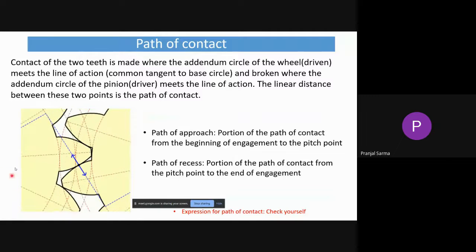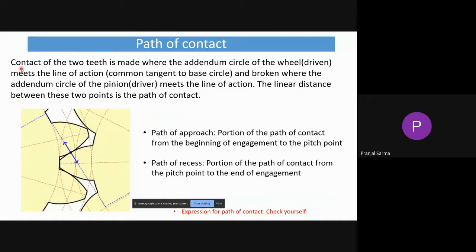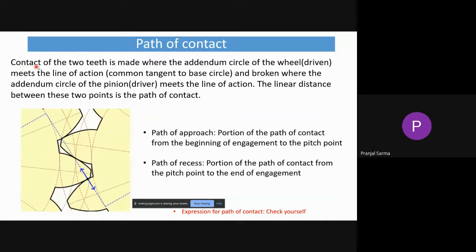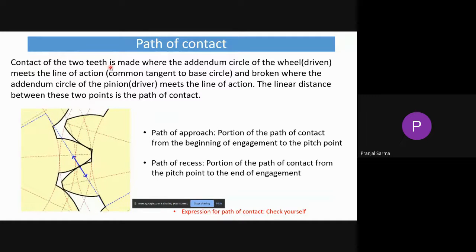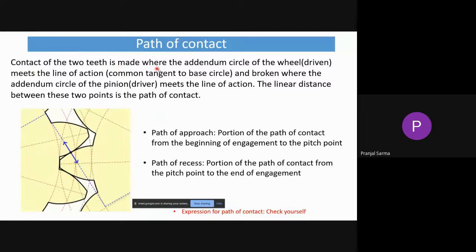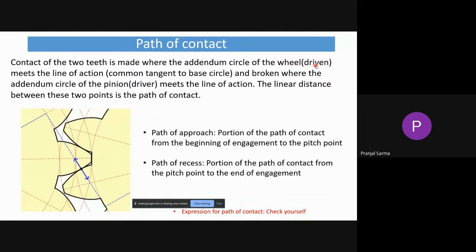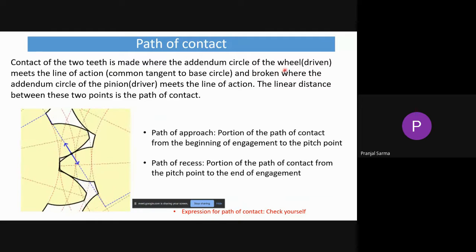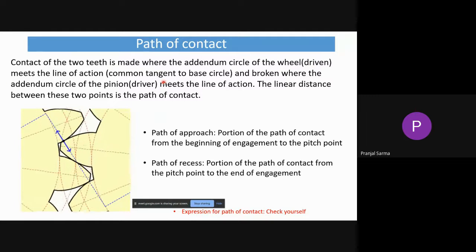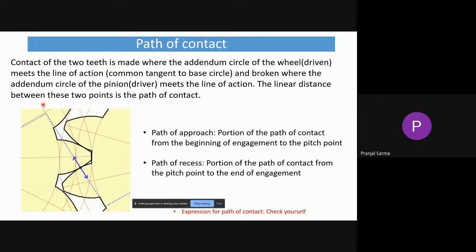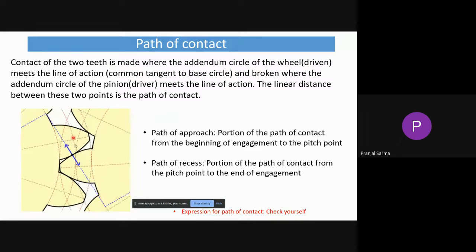Path of contact is the locus of the point of contact of the two meshing teeth. Contact is made where the addendum circle of the wheel meets the line of action, that is the common tangent to the base circles.